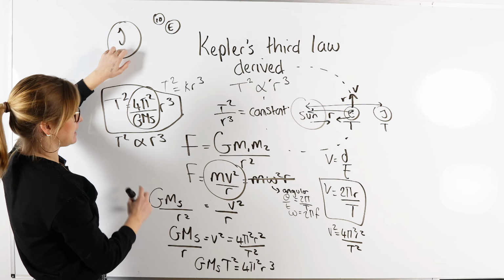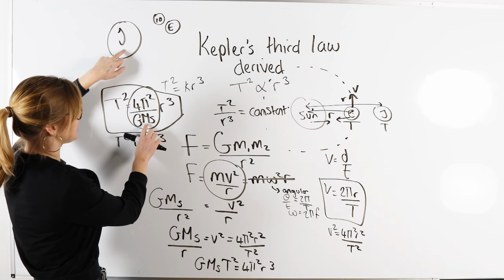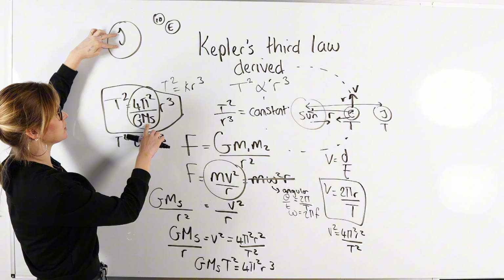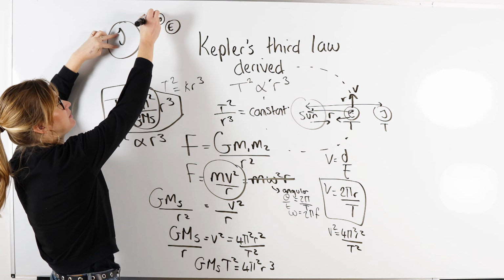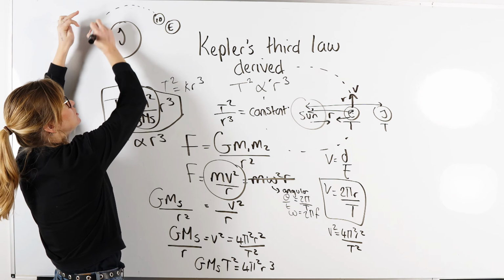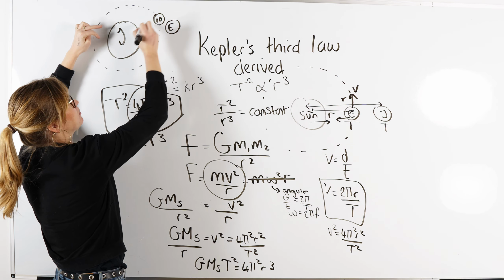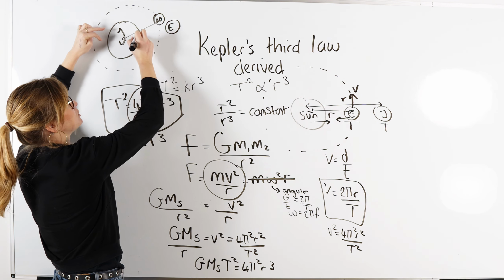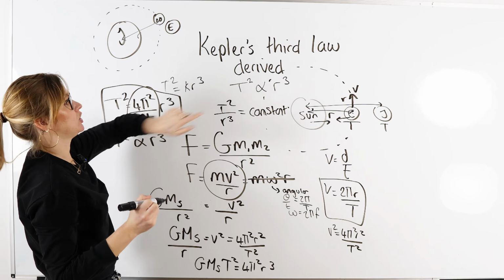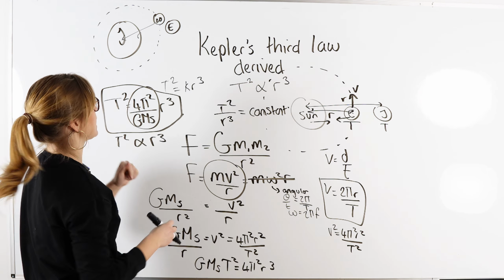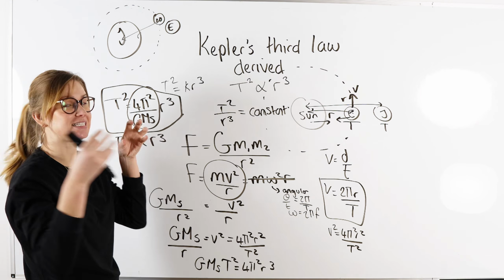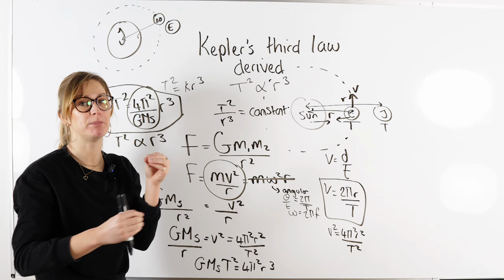And again, this time, the capital M, this big M here, would be the mass of Jupiter. And we're going to say that the time period squared for any of those moons around Jupiter is going to be proportional to the distance between the moon and Jupiter cubed. Okay, so again, it can work for any system that is orbiting one common body.